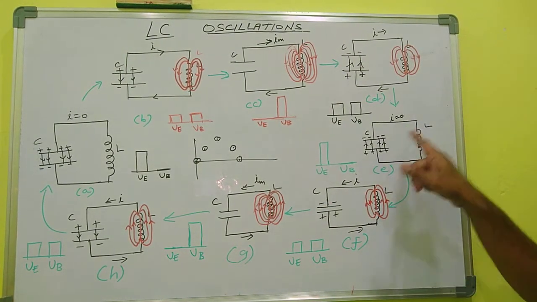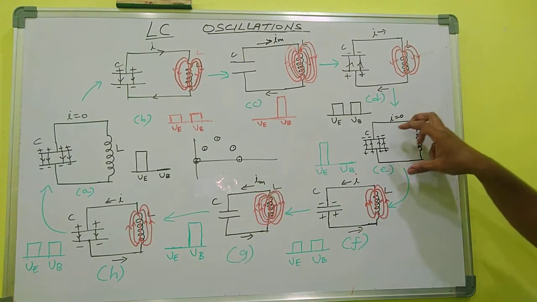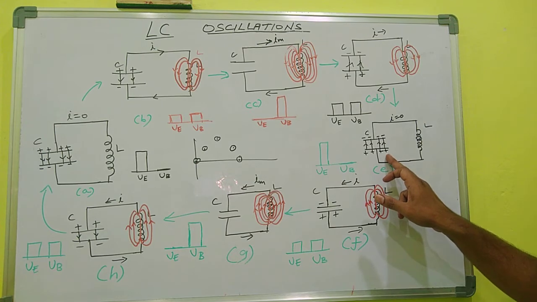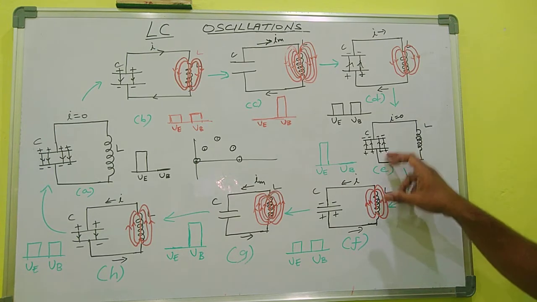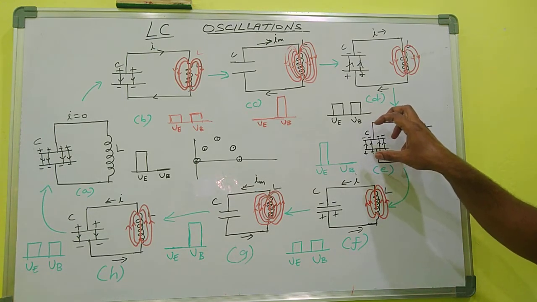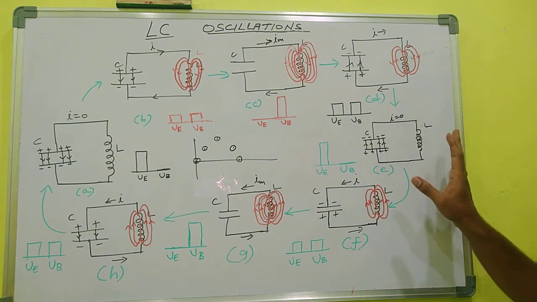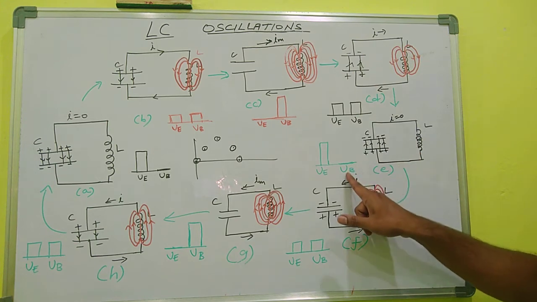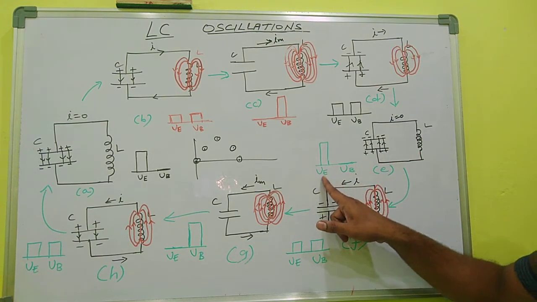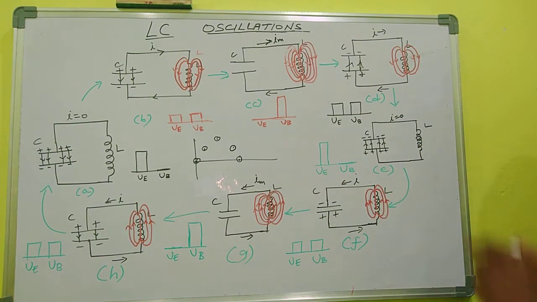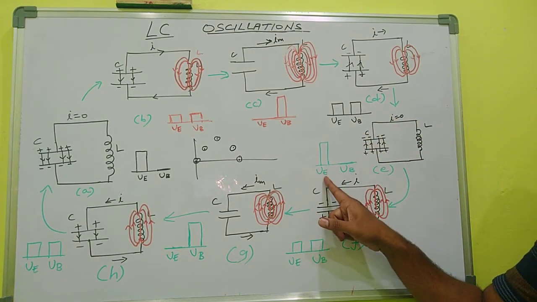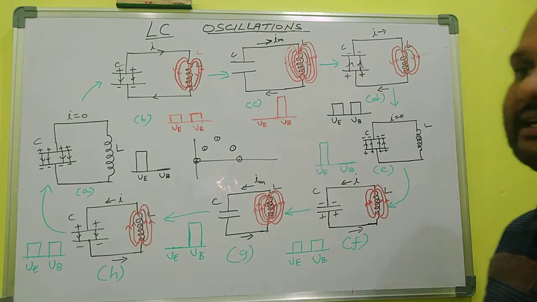There is no current through the capacitor because the capacitor is fully charged in the opposite direction. Note this. Here there is no magnetic field, so there is no magnetic potential energy. Only electrostatic potential energy is here. The total energy is electrostatic potential energy or electrical energy.